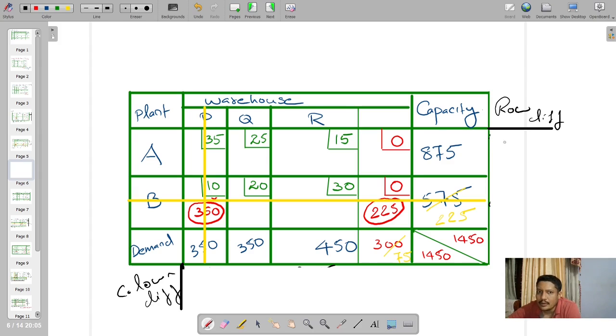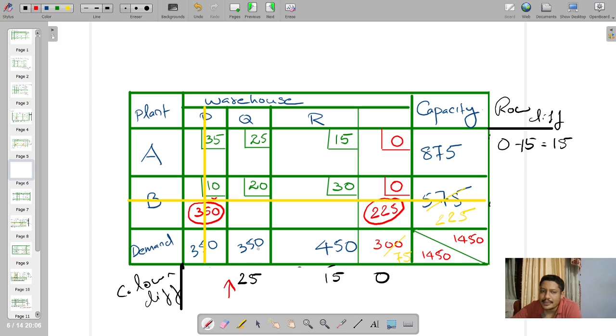So again this will be 0 minus 15, which is 15. Here the value is 25. Here the value is 15. Here the value is 0. So the largest difference is 25.